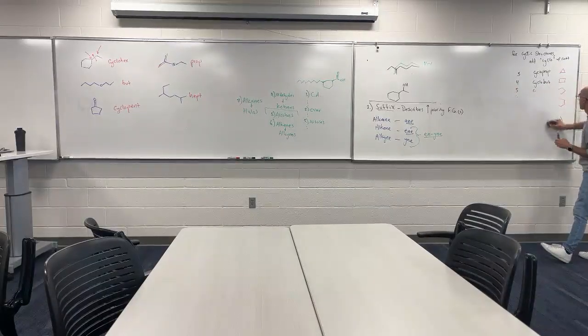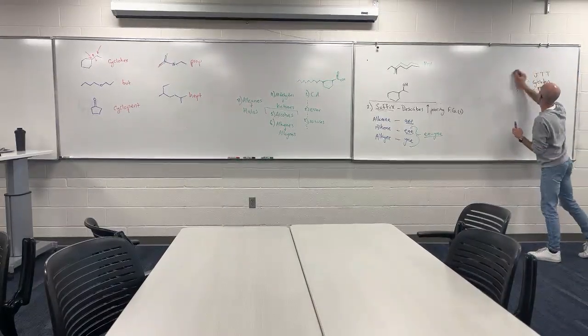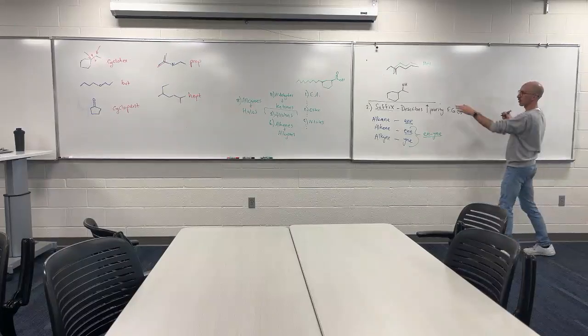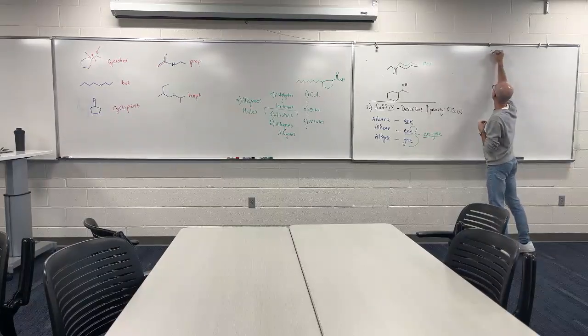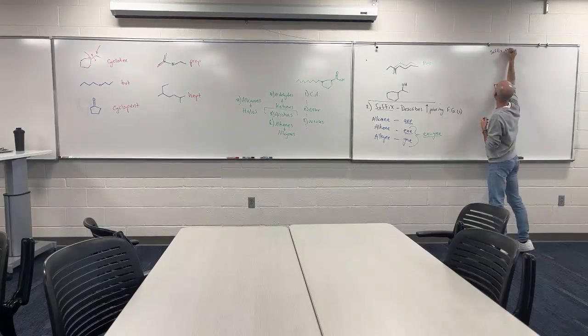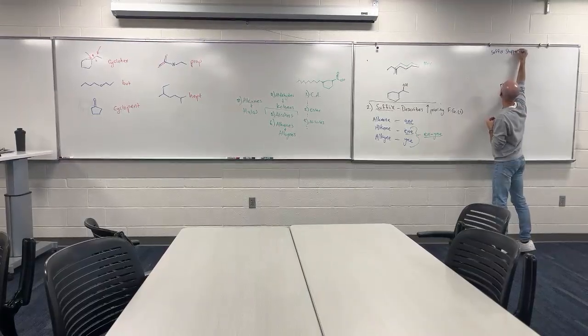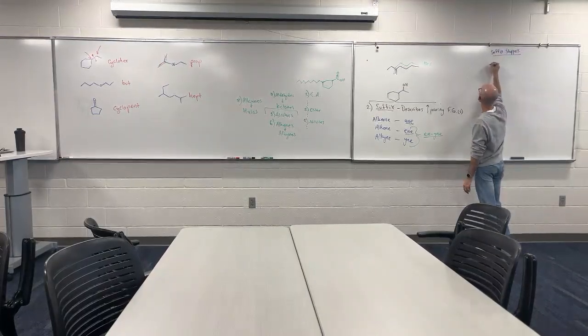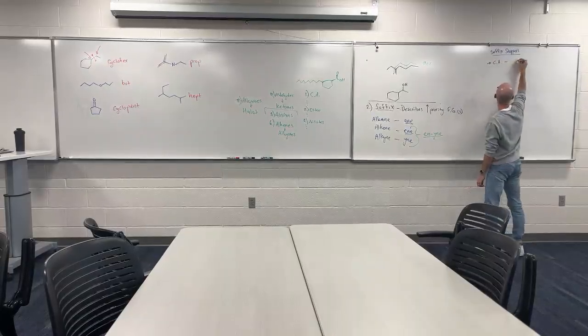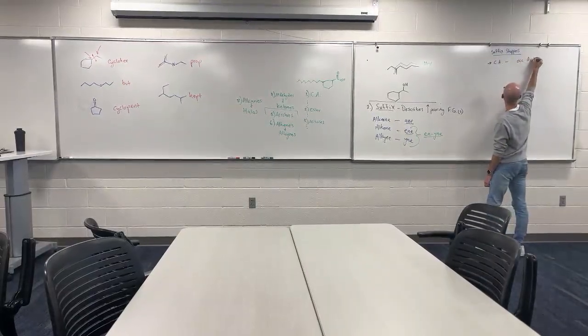So in order of these groups, the suffix stoppers for carboxylic acids, we get oic acid.